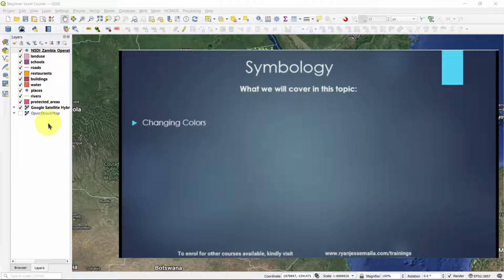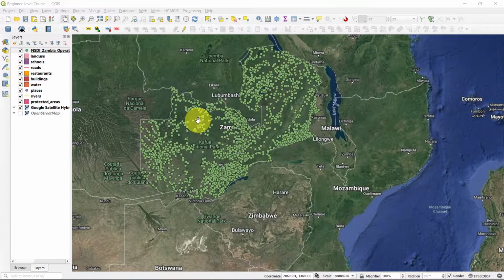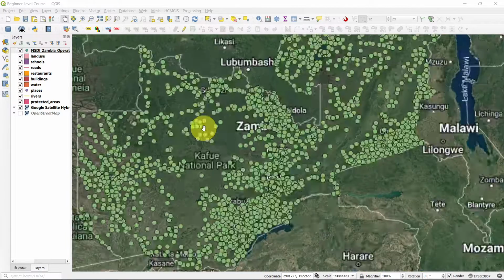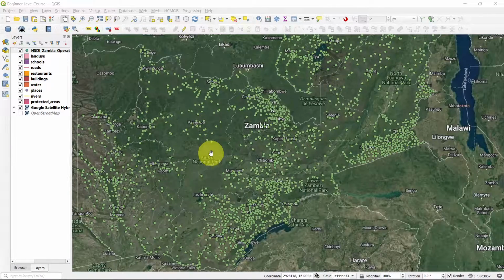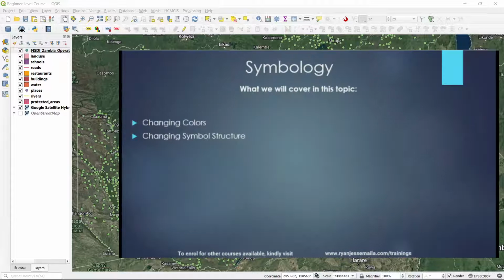Then after that, we will look at changing symbology structure. Basically, with changing symbology structure, we are looking at how these points could be points, they could be polygons, they could be lines, how they are represented. That's basically what we are looking at when it comes to changing symbology.